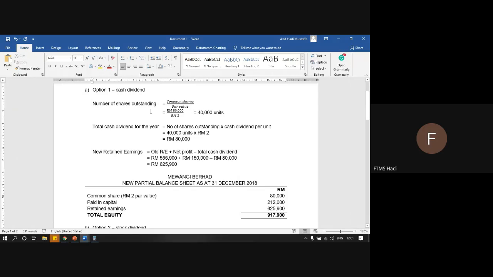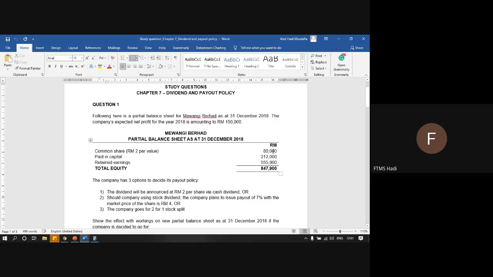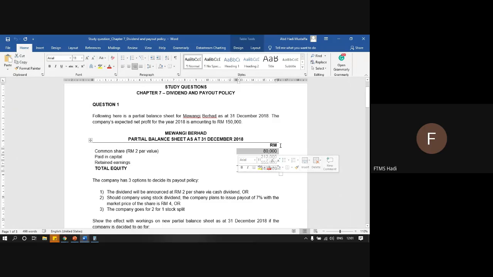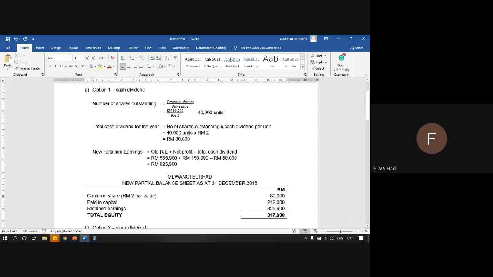Remember, number of shares outstanding means how many shares the company has so far. The common share value is in RM, not in units, and we want to find it in units. The unit count is based on the par value: 80,000 divided by 2 is 40,000 units.